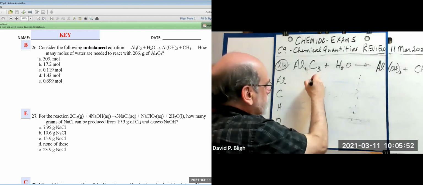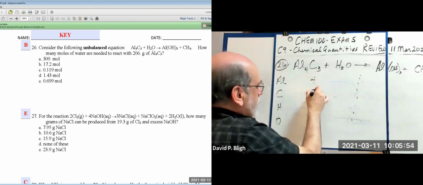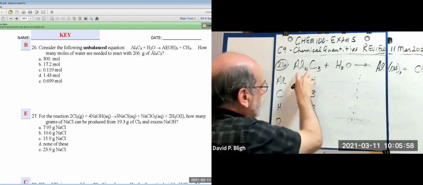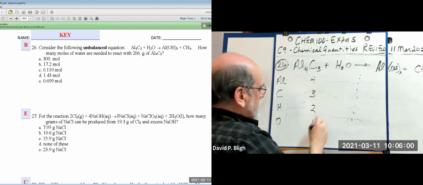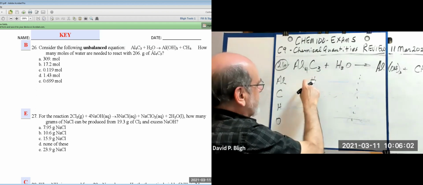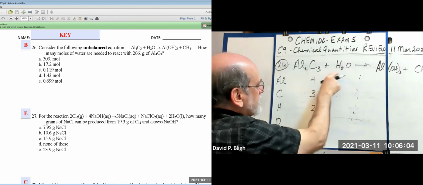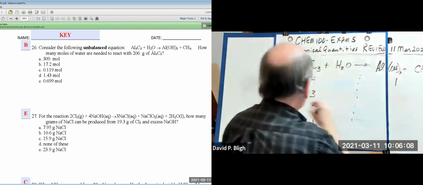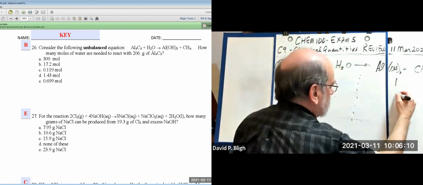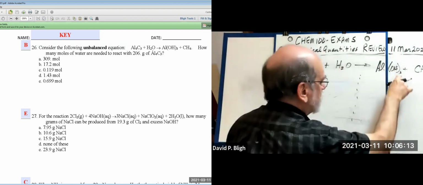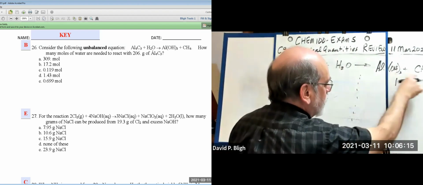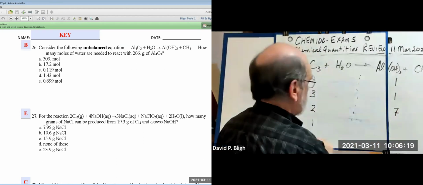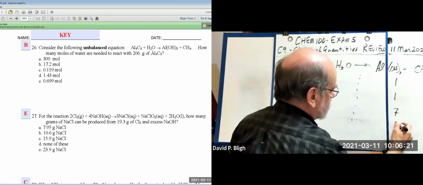Okay, 4 aluminums, 3 carbons, 2 hydrogens, 1 oxygen. So that's 3, 6, 10. On the right, 1 aluminum, 1 carbon, 3 hydrogens here, and 4 there, 7 hydrogens, and 3 oxygens, right?